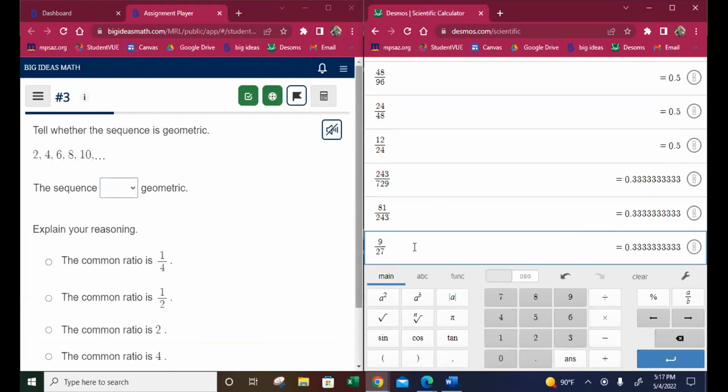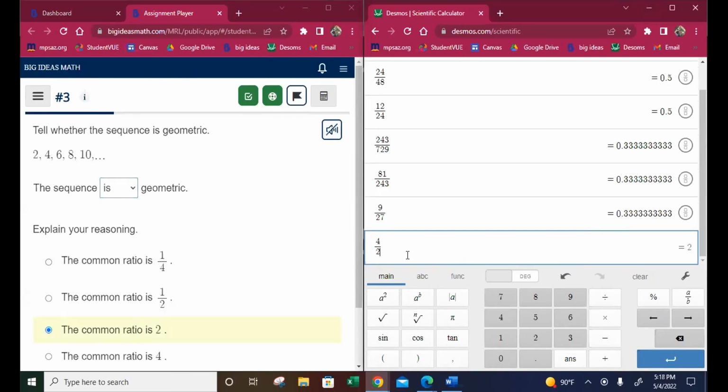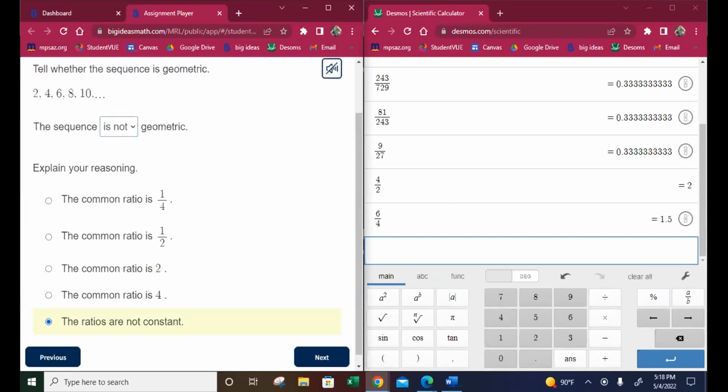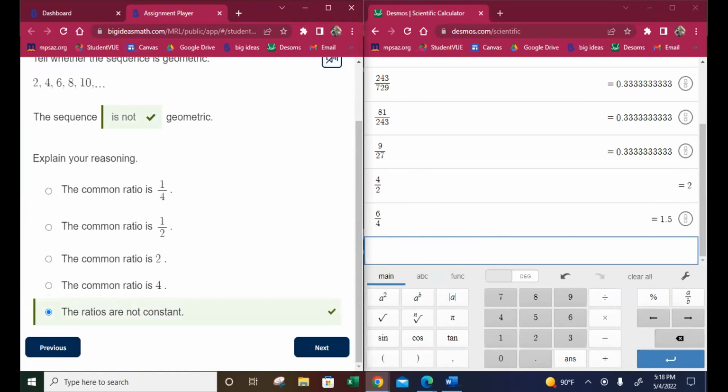Like if you did 4 divided by 2 and then 6 divided by 4, they're not the same. So that means that this one is not geometric, because it's got to go up by the same amount. Or add or multiply or divide by the same amount.